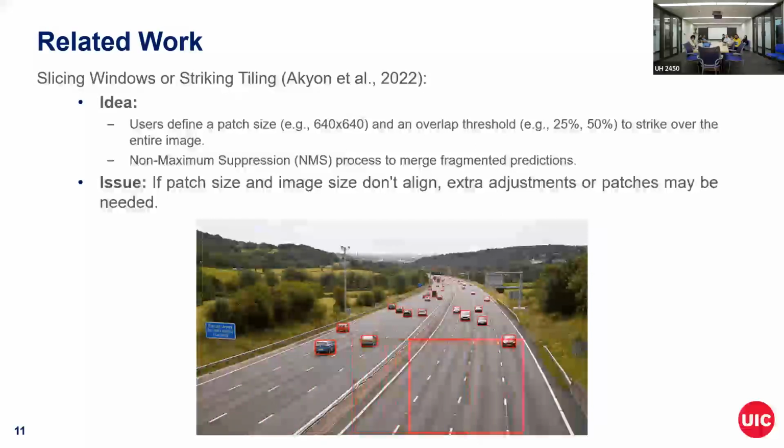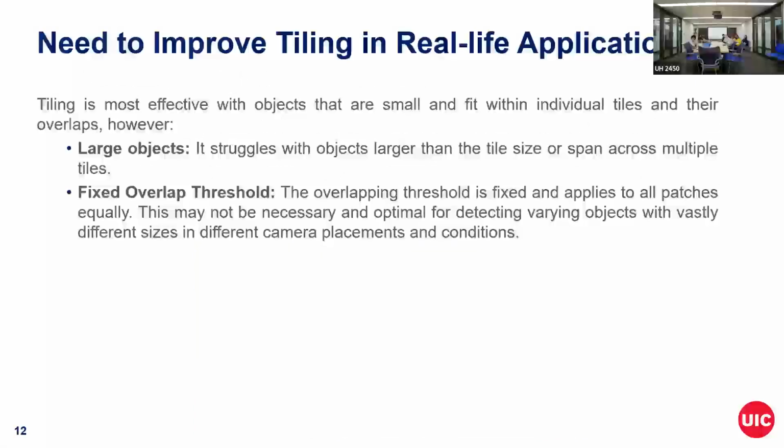They also use NMS, which has the same issue as the last approach. Also, the way they do tiling is they keep striding, so the image size and the patch size may not align well together. So extra adjustment of patches has to be added in order to cover those areas, so it's not very efficient.